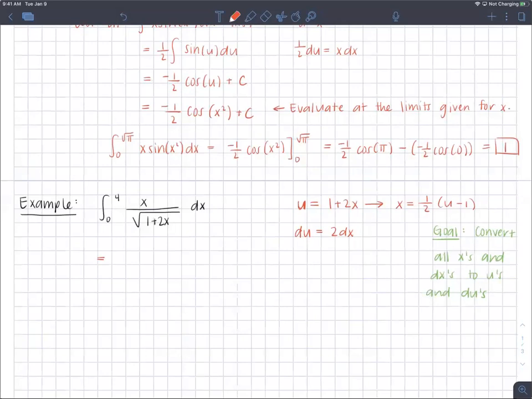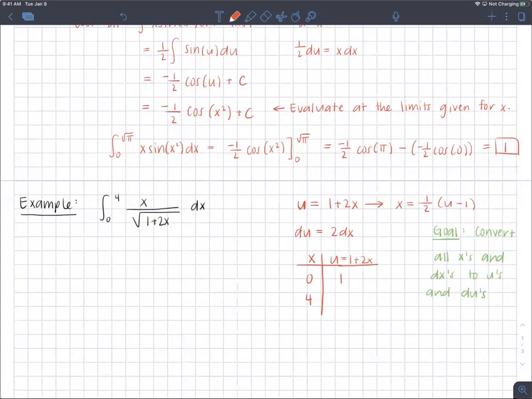So let's do the first method first, right? So if I know how u and x are related, then for each value of x that I'm given, I can find the corresponding value of u. So 0, 4. So u is equal to 1 plus 2x. And so when I plug in 0, I get u is 1.